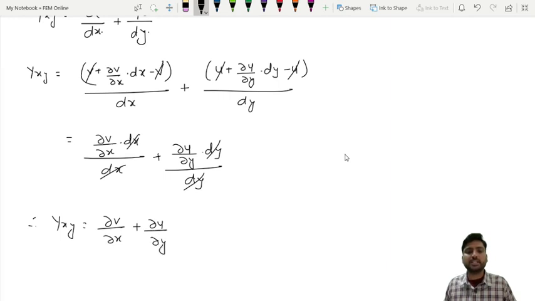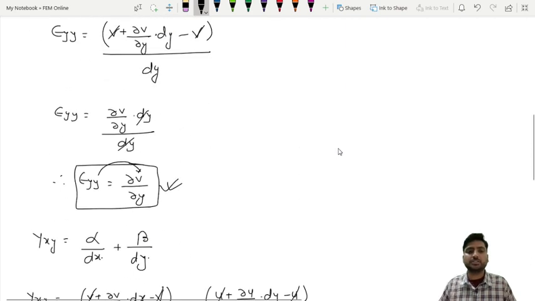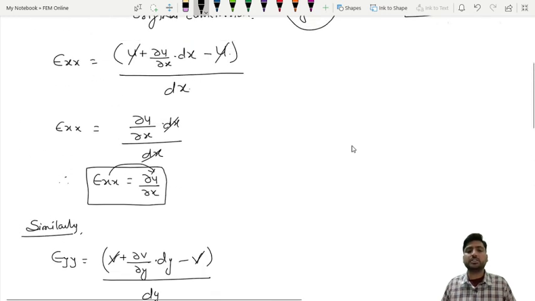If you want to rearrange it, gamma xy will be del u upon del y plus del v upon del x. This is your gamma xy. This is your equation number 3, this is your equation number 2, and this is your equation number 1.